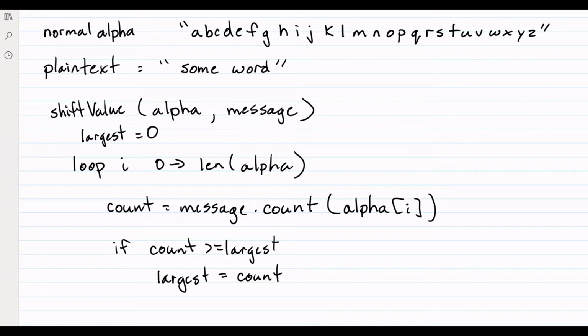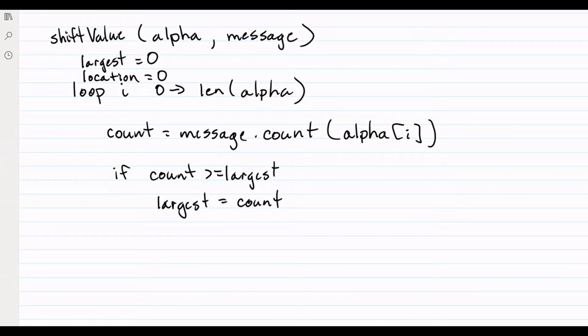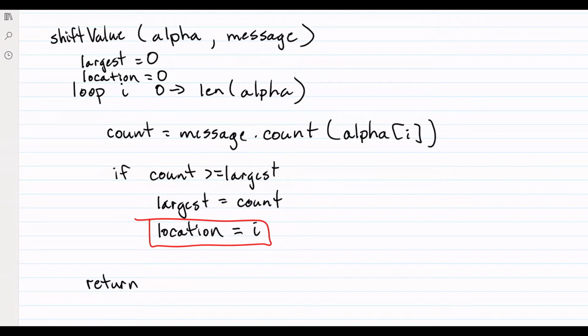So I need its location as well. So every time I find a new largest, I need to record where it is. So my location is the I value. Once it goes through the list, it will find this. So this is really what I care about, that variable there. So I could return the location variable, and that would represent my shift.